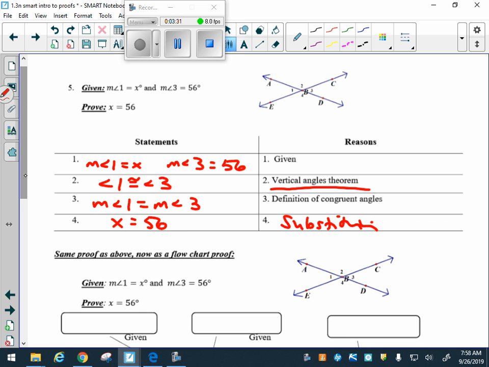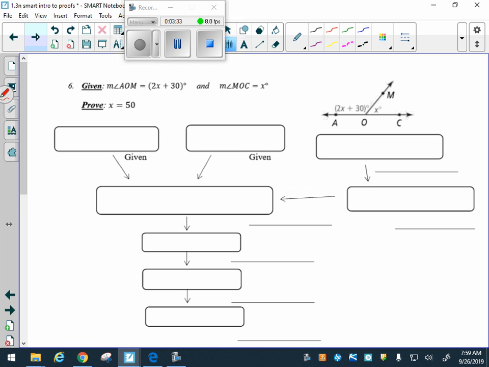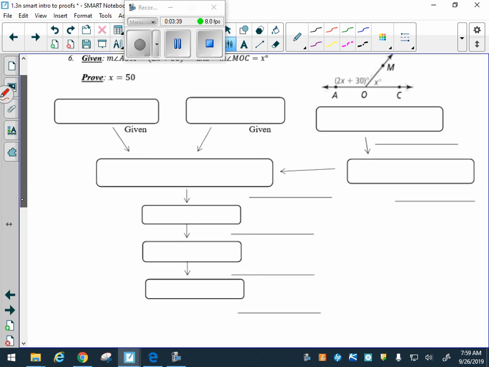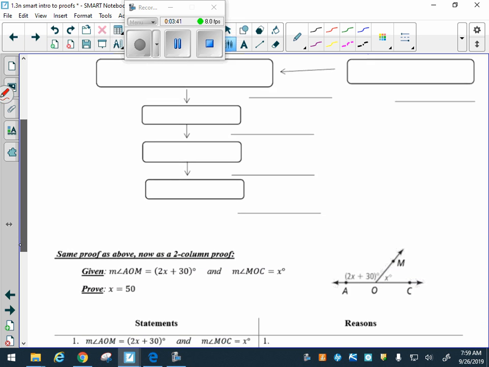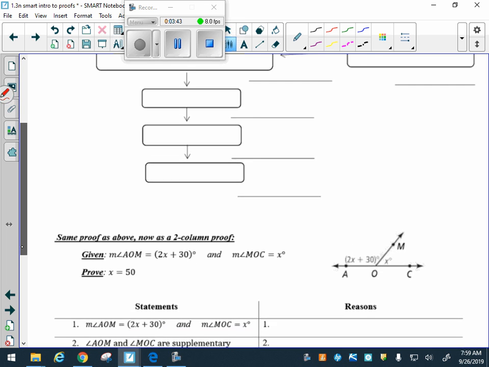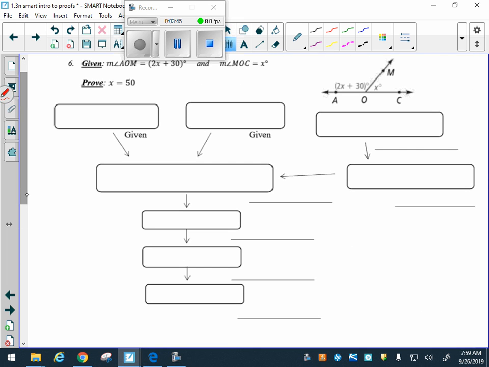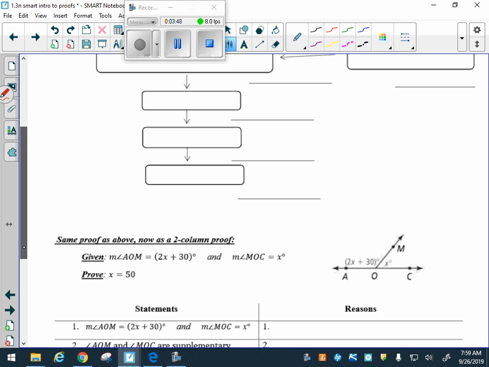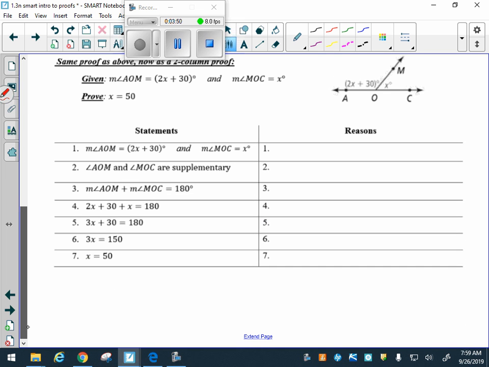Okay, all right. Then remind me, did we do number 6? Yes. Did we finish it? Okay, number 6 was just proving x equals 50. I'm pretty sure we finished that. I'm not going to worry about the two-column proof right now.